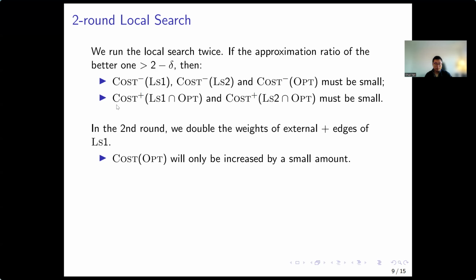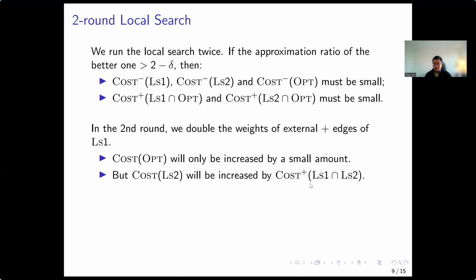Actually, it will be increased by this term, the common plus cost of LS1 and opt. And we know this is small. On the other hand, the cost of LS2 will be increased by the common plus cost of LS1 and LS2.